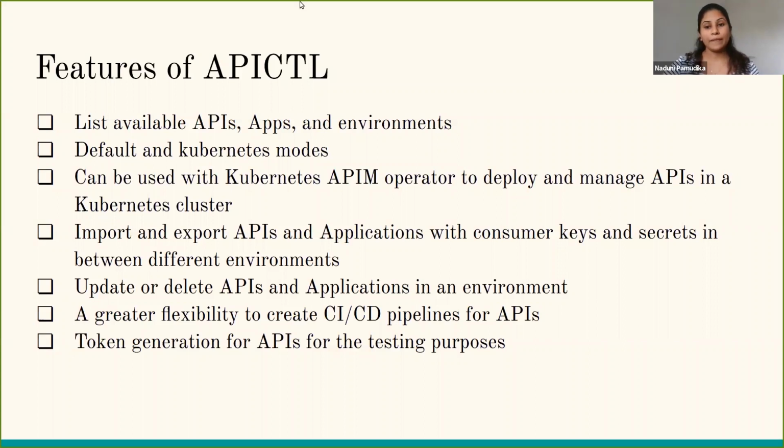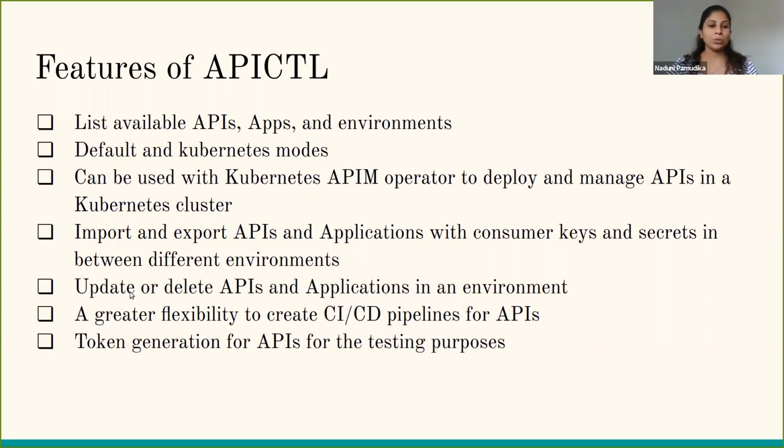You can check the list of available APIs, applications, and environments. And it has two modes, the default mode and the Kubernetes mode. Kubernetes mode can be used with Kubernetes APIM operator to deploy and manage APIs in a Kubernetes cluster. And the default mode can be used to import and export APIs and applications with their consumer keys and secrets in between different environments.